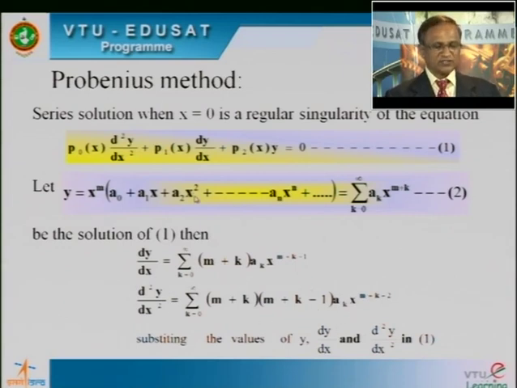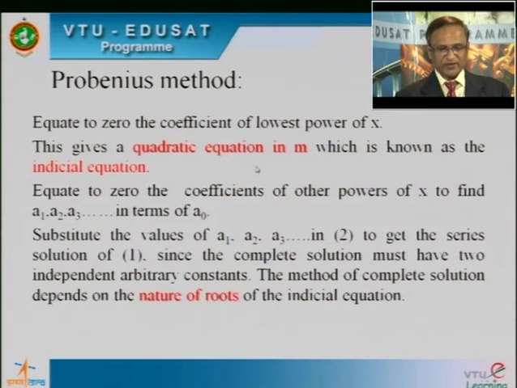Now I want to substitute the values of d square y upon dx square, dy by dx and y in equation 1. Then I want to equate to 0 the coefficient of the lowest power of x, as we did in the last session. From all the terms I collect the various powers of x.